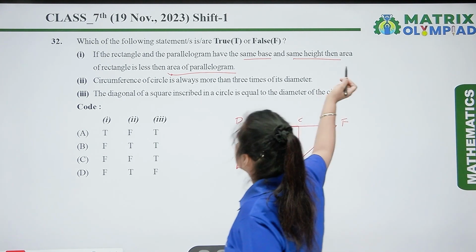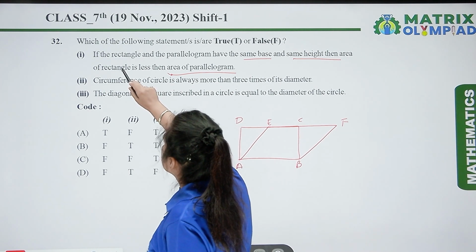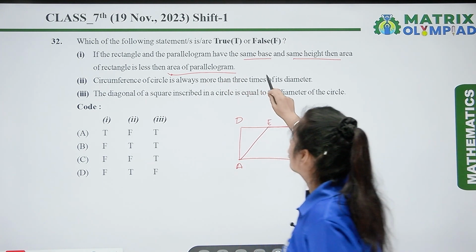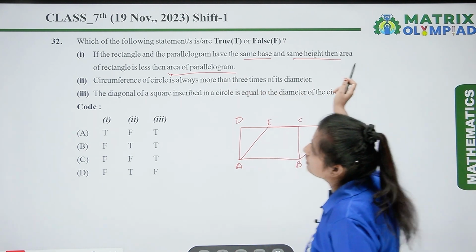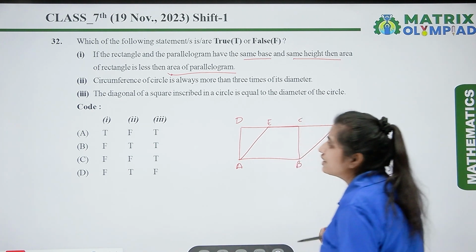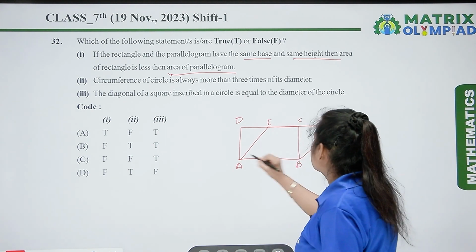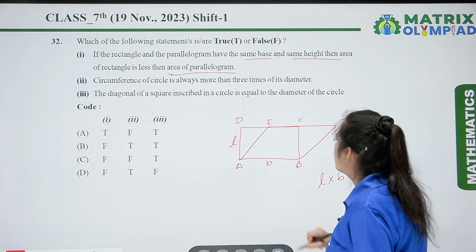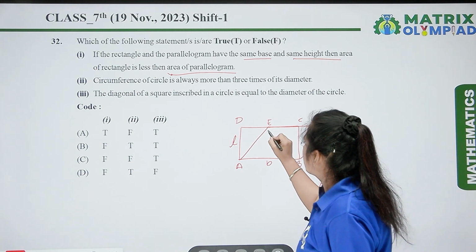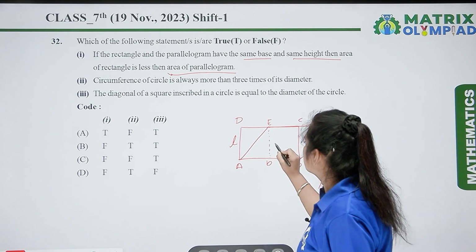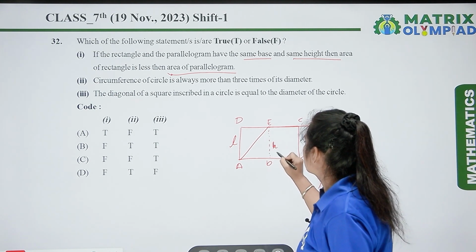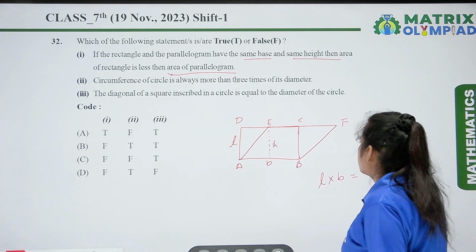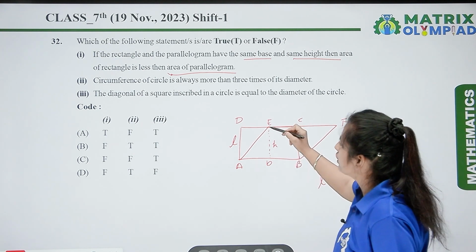So here let's find out. It is saying that if the rectangle and parallelogram have the same base and same height, then the area of the rectangle is less than the parallelogram. The area of the rectangle is L into B and the area of the parallelogram is base multiplied by height. And what is the height here?